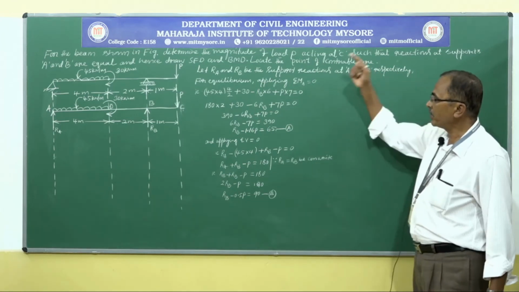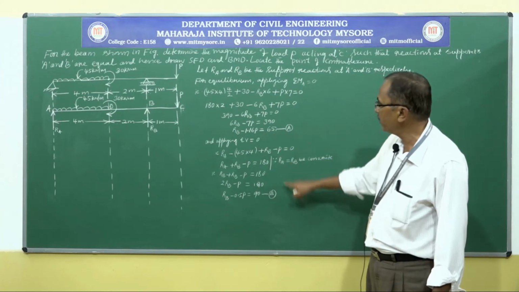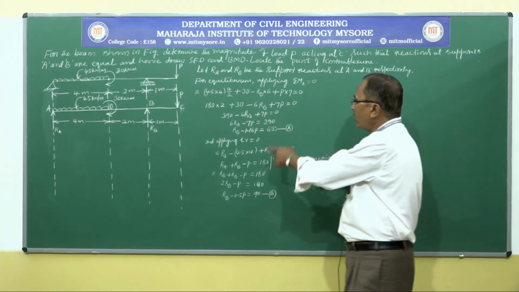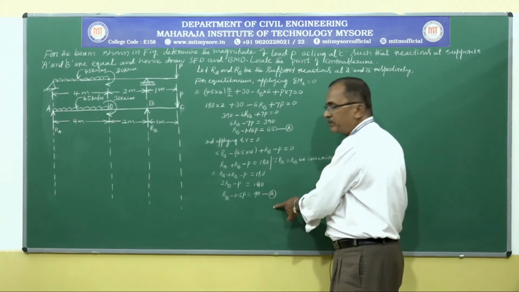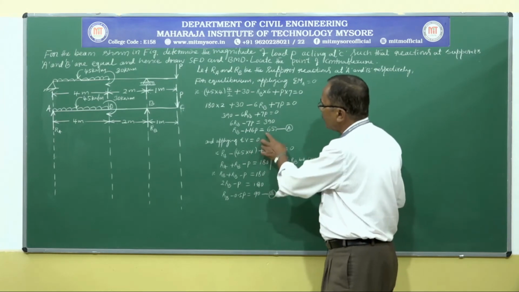So we applied the equilibrium conditions. We developed the two equations, equation A and B, because there are three unknowns. Now by solving equations A and B, they are simple equations.